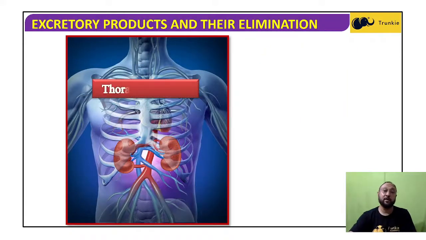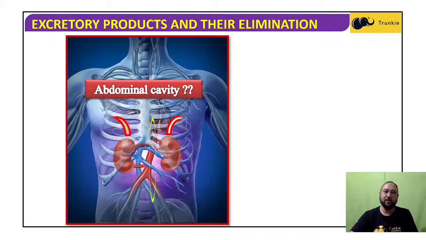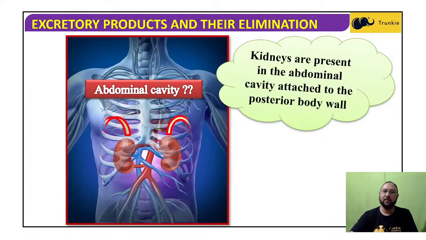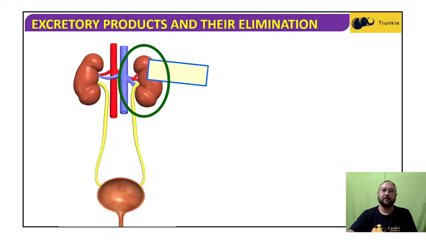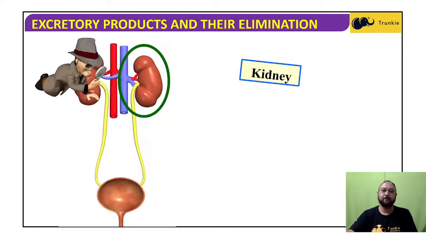As I told you, the kidneys are present on either side in the abdominal cavity. The thoracic cavity is the upper, chest side, but the abdominal cavity is the lower abdomen side.